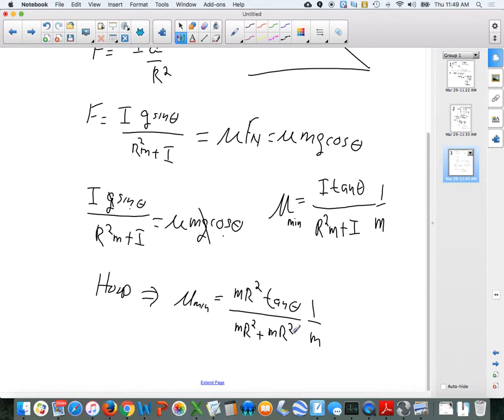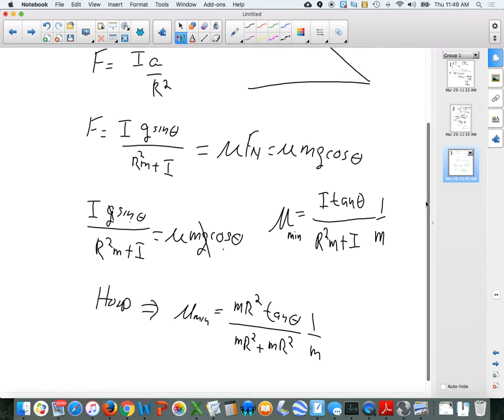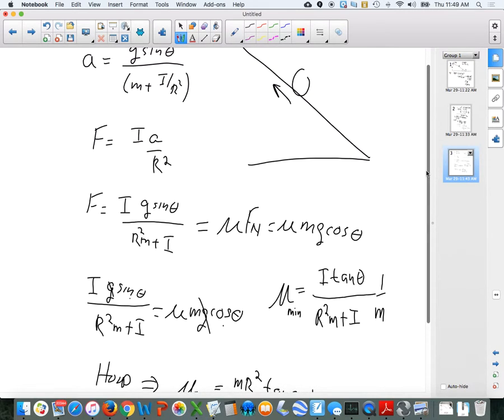I feel like there's an m floating around here that did not get accounted for. Force is equal to I acceleration is g, force is equal to, oh, that's right.